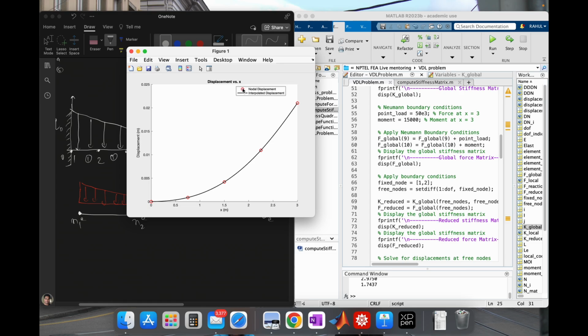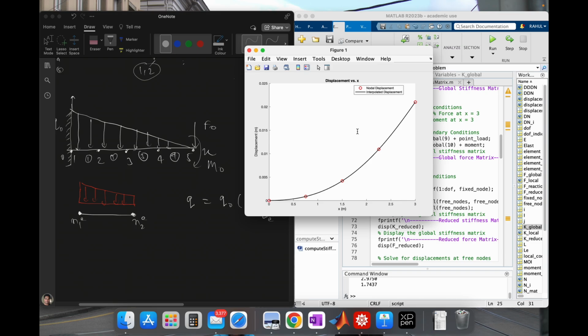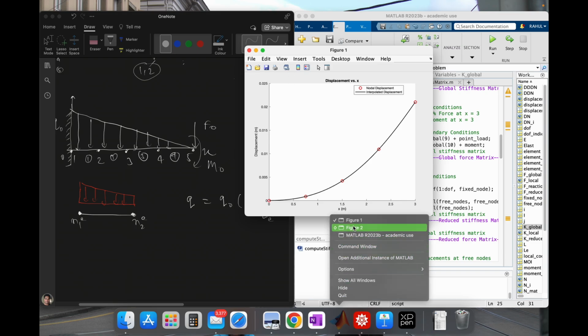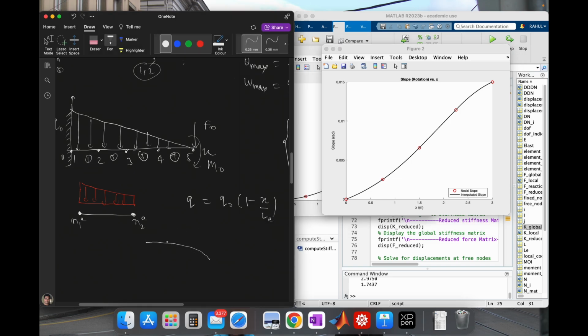And this is the displacement, so you can see that the maximum displacement will be at node 5, and as expected the slope will also be maximum at node 5. You can see that this beam will bend like this, so that's why it is coming out positive. Okay, so this is all about the beam problem.